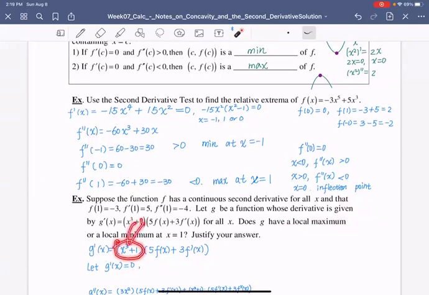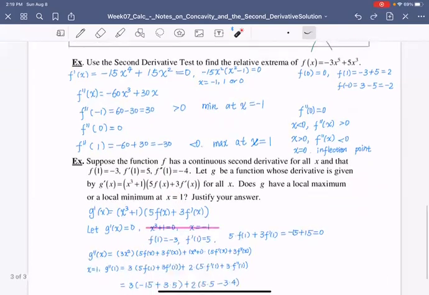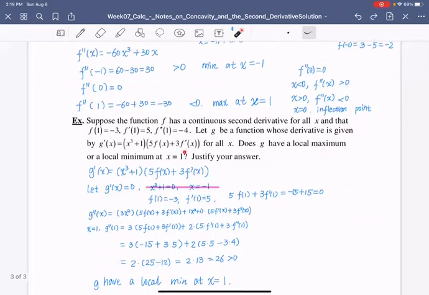This equals 0, so x cubed must equal -1, or the other factor is 0. Let's make that one 0. But they were nice, they told us x equals 1, right? Excellent.